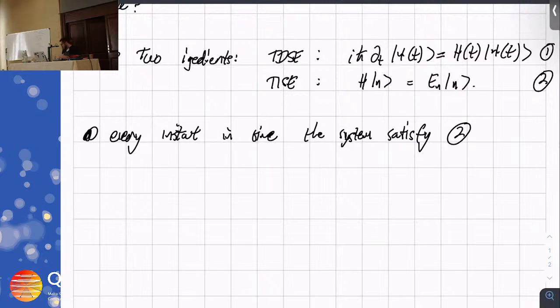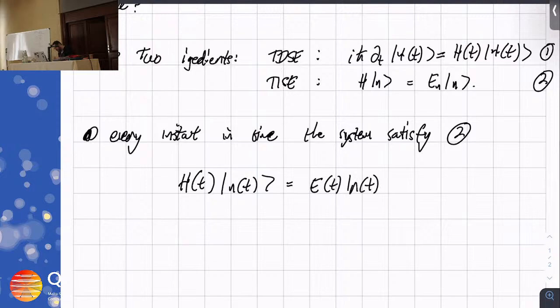For my time-dependent drive, I'm varying my Hamiltonian in some time-dependent way. These are instantaneous eigenstates. So this is just my time-independent Schrödinger equation written at instantaneous time. My |n(t)> are my instantaneous eigenstates, and my E_n(t) are my instantaneous eigenenergies.